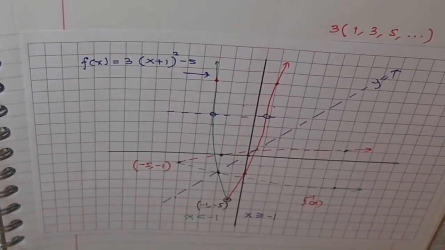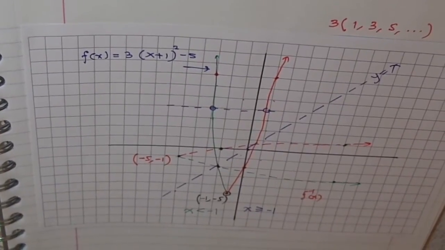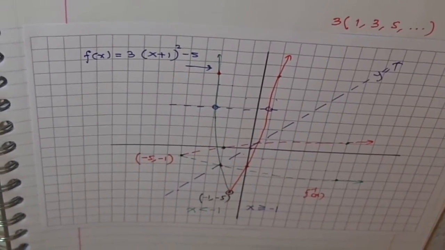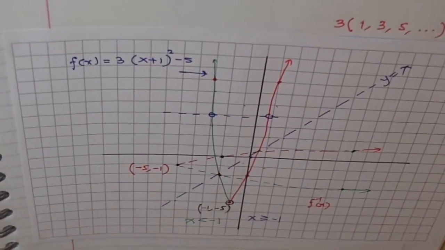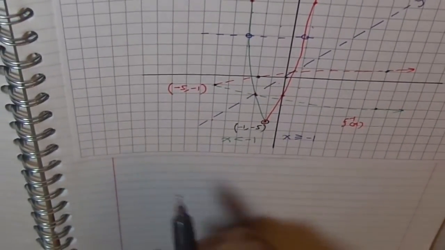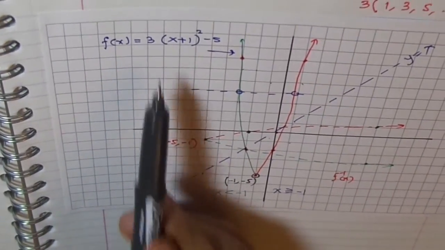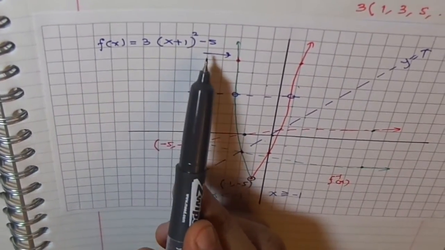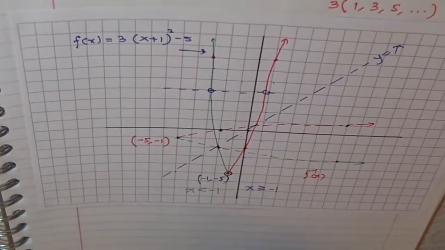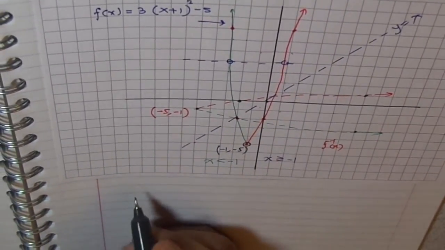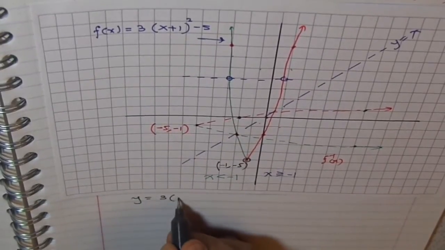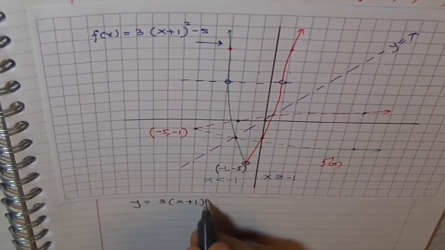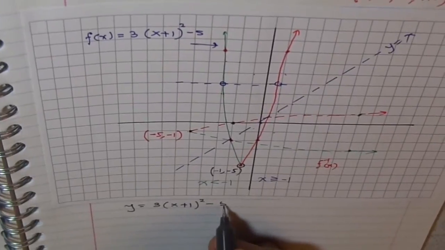Right. Now here I will show you how to find the inverse of a function algebraically. We'll start with our equation f(x) equals 3 times (x plus 1) whole squared minus 5. To find the inverse, follow the steps. First step, replace f(x) with y. So y equals 3 times (x plus 1) whole squared minus 5.